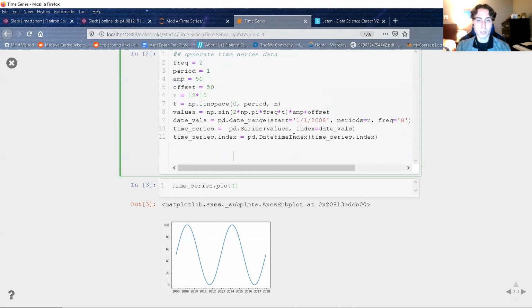And if you notice this line here, you need to set it to a date time index, the index object itself. So this just generated this time series, and we can see it's from 2008 to 2018. In this case, it's by month. You could see that if you printed out the data frame, but we can see how a value would change over time.